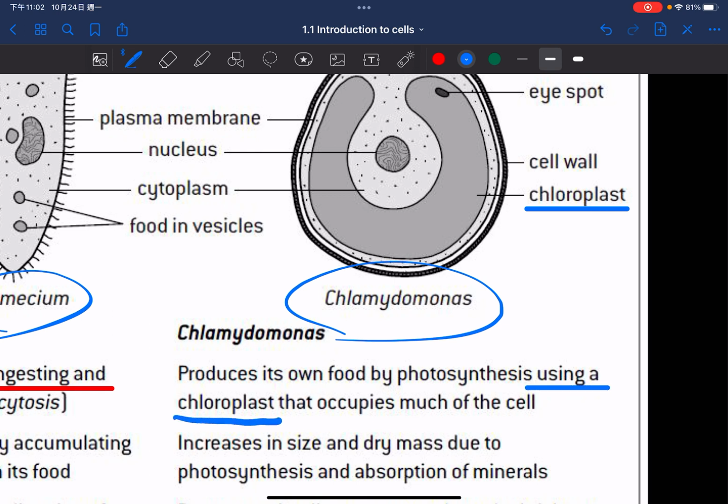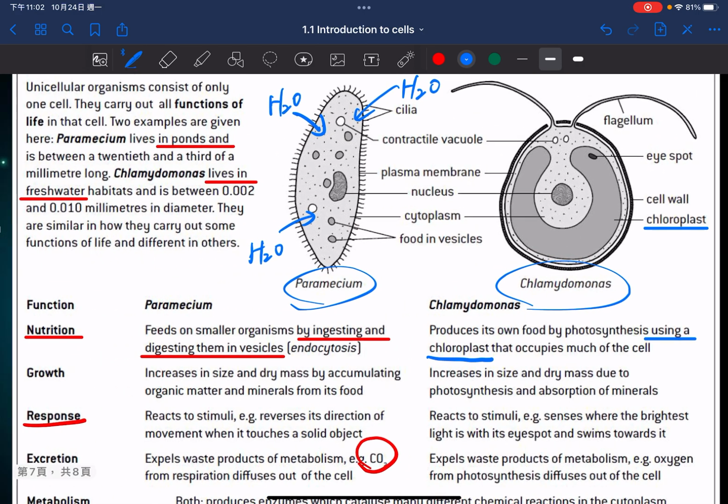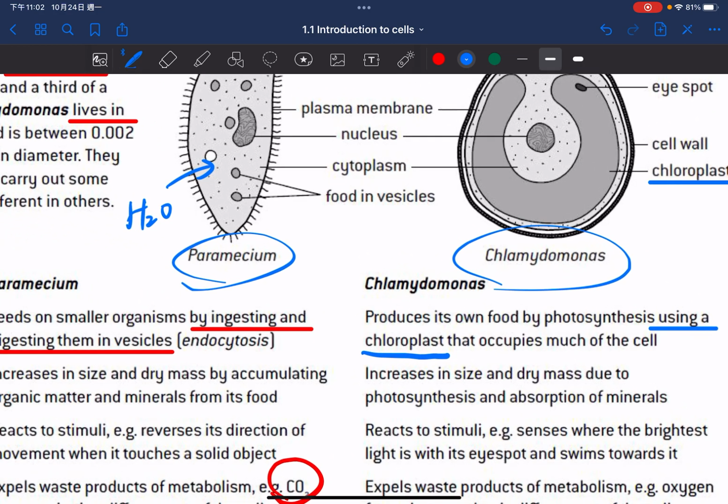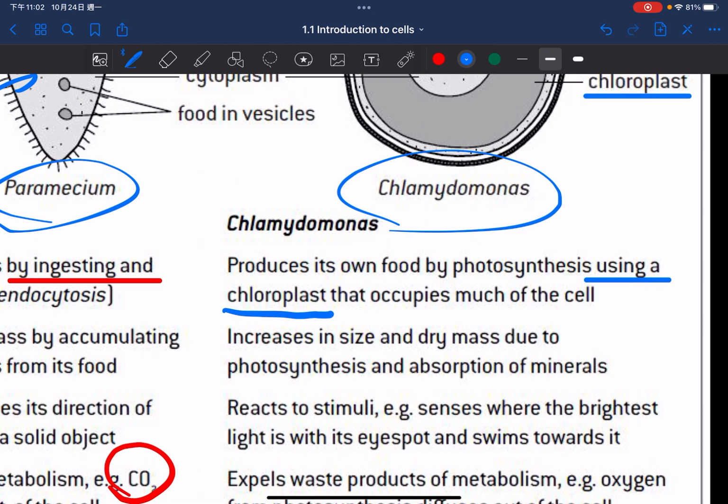The chloroplast occupies much of the cell, of course, because it needs a lot of energy for itself, and it can use energy and nutrients to produce its offspring, and for growth. Growth is also due to the same things as in the paramecium. So it increases in size and dry mass due to photosynthesis and absorption of minerals.